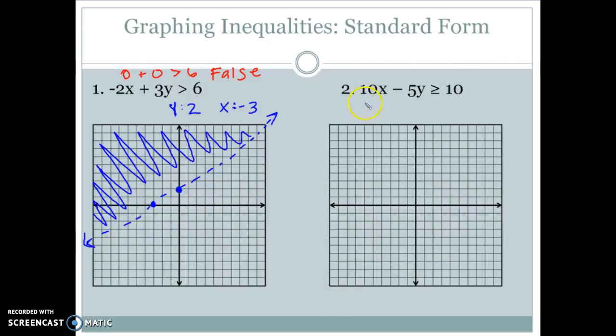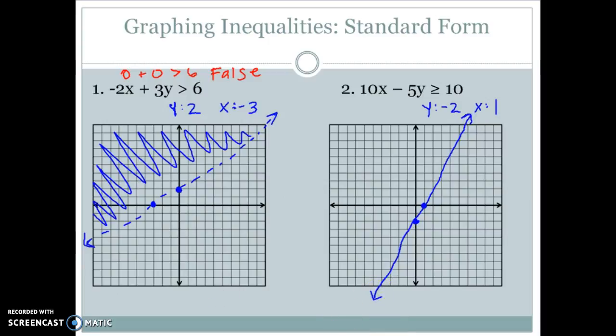For number 2, 10x minus 5y equals 10. If I cover up my x, negative 5y equals 10 means that my y-intercept is at negative 2. Cover up my y, 10x equals 10 means my x-intercept is at 1. So I'm going to go negative 2 on my y-axis, 1 on my x. It's or equal to, so I'm going to draw a solid line.